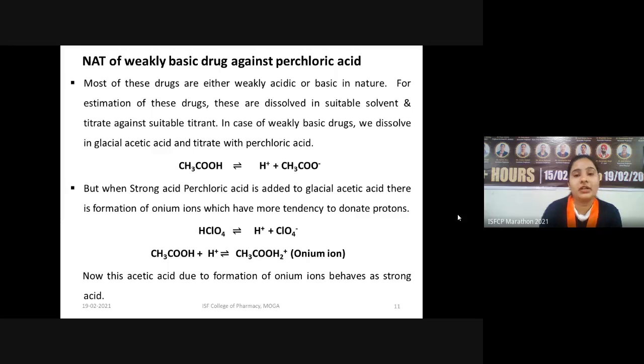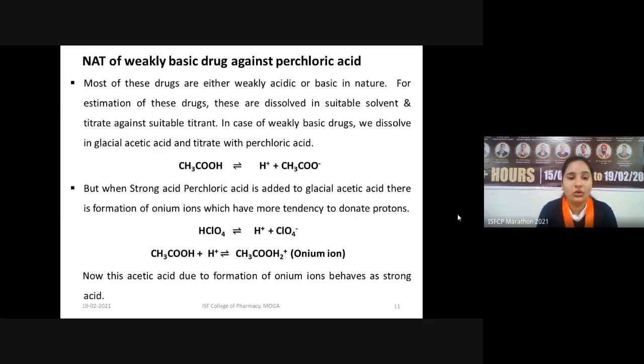In case of weakly basic drugs, we dissolve it in glacial acetic acid, which acts as a solvent, and we titrate it with perchloric acid.